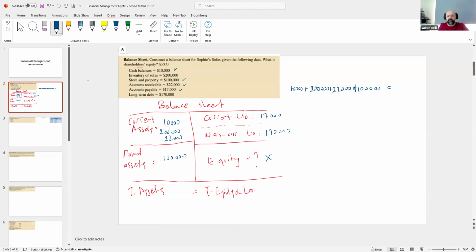This should be equal to 17,000 plus 170,000 plus X. So if you sum the left-hand side and the right-hand side and leave X alone, you will find the equity value.